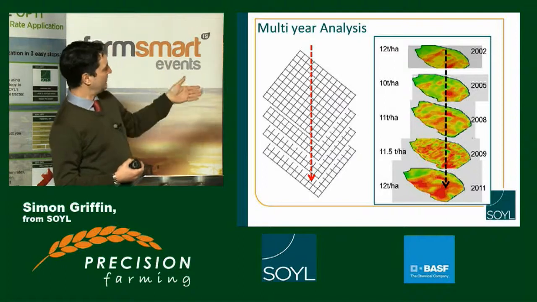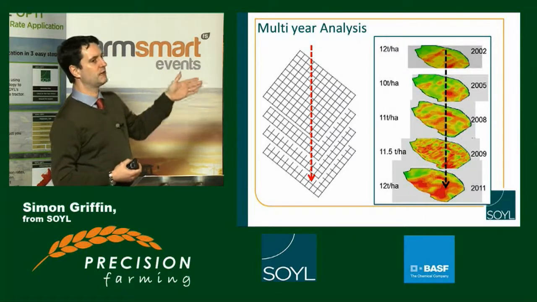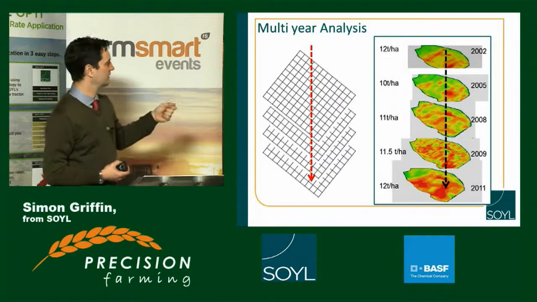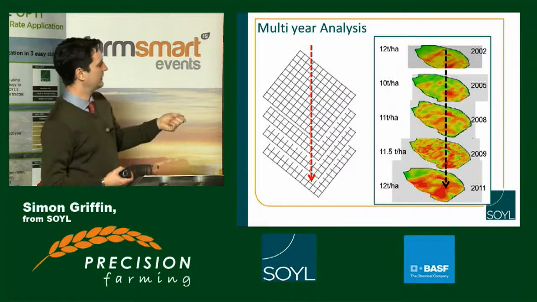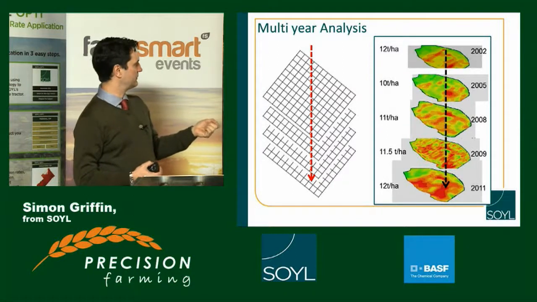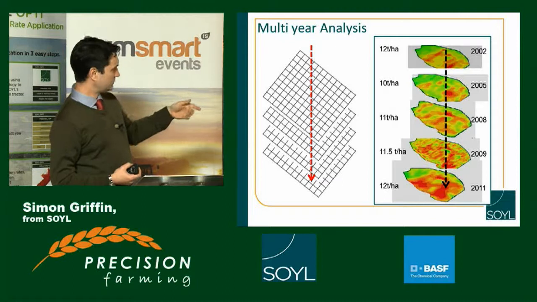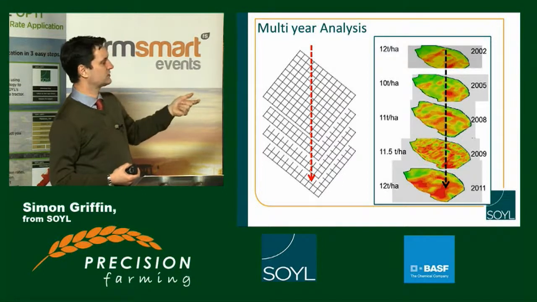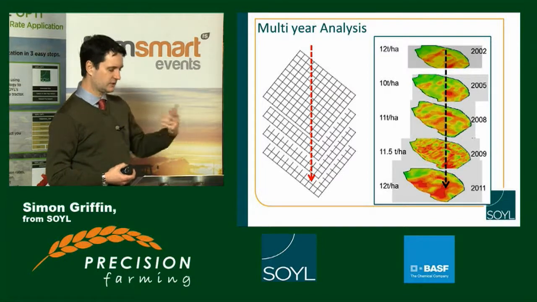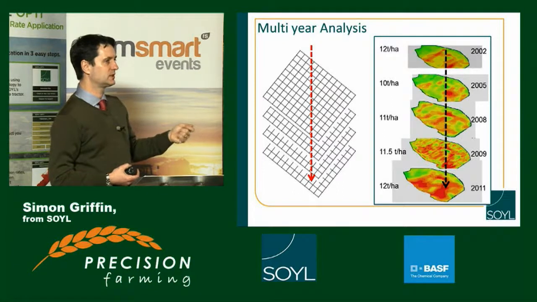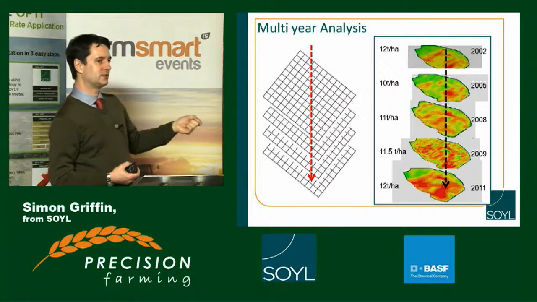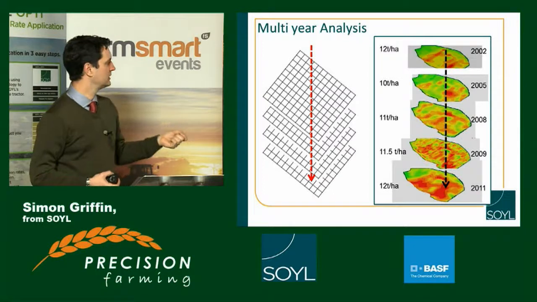Okay, so I put the absolute yields down there, but we're not really that interested in the absolute yields. We're more interested in the relative yields. Is it above the average for the field? Is it below the average for the field? We can do that for each year, and then we can start to look at a temporal analysis. In other words, is it always above average in that particular grid?